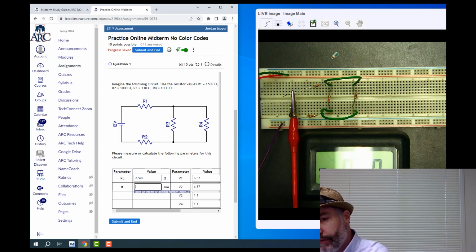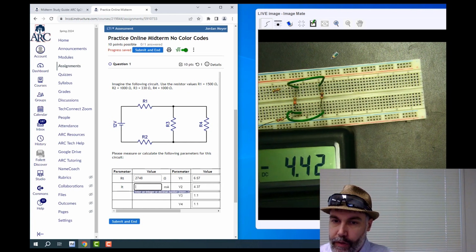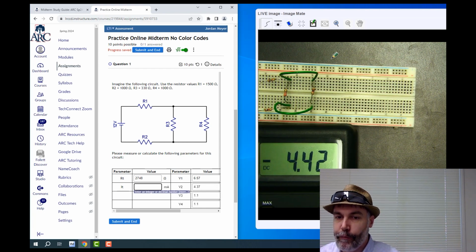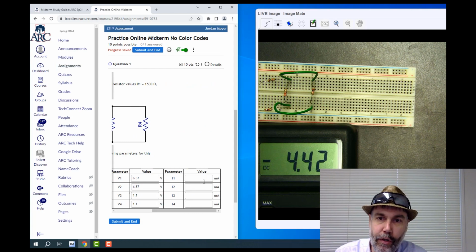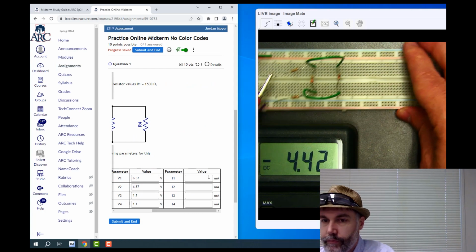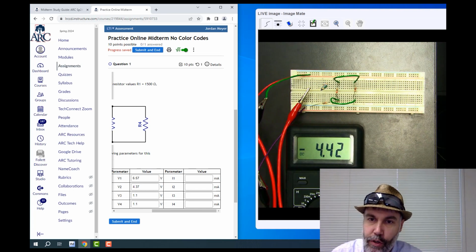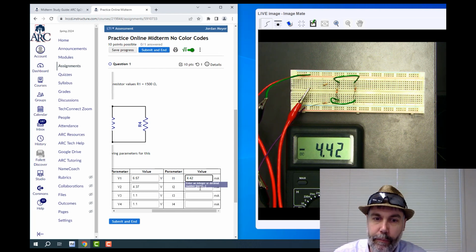And then I put the dial for my meter into the current measuring section. And then this gives me the current reading. So this current says 4.42, and the unit for that is milliamps. So this is the current through resistor 1, because that's resistor 1 on the top, so that's 4.42 milliamps.